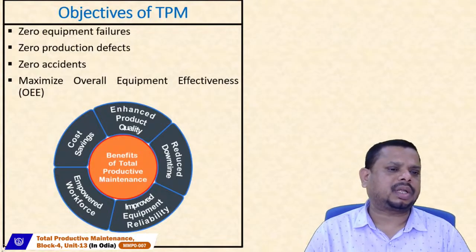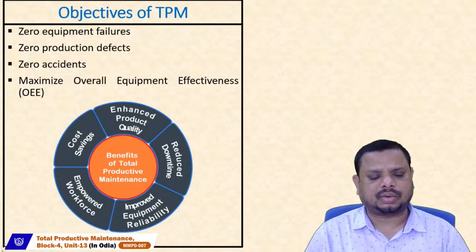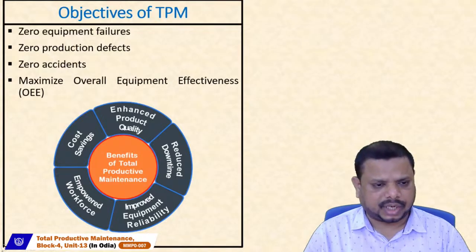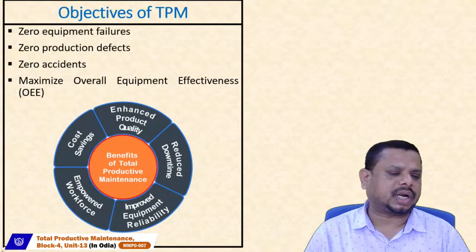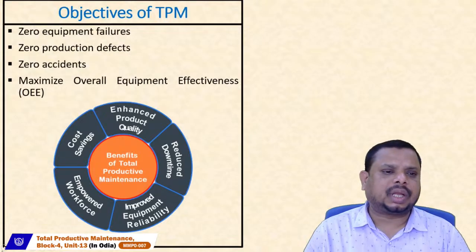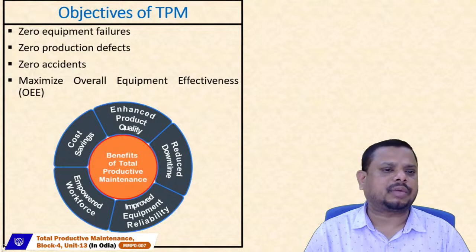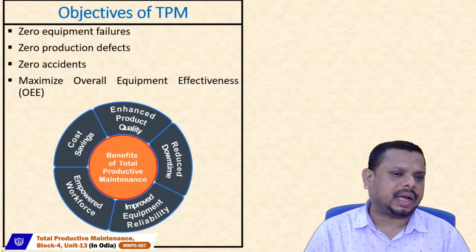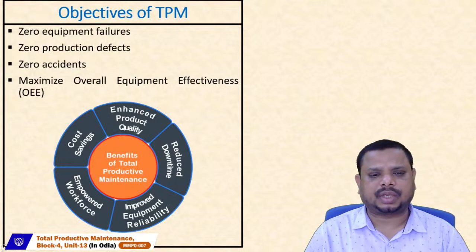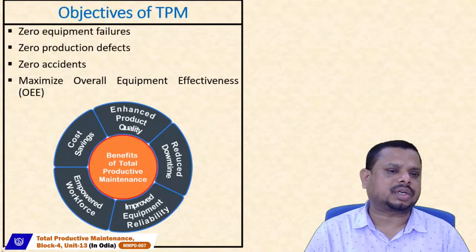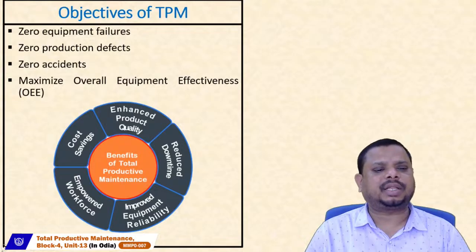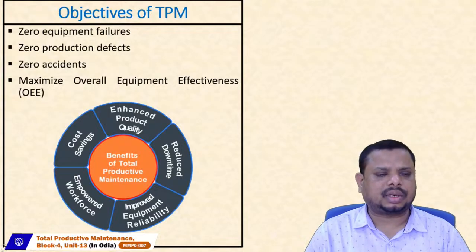The next important part is you are introducing various maintenance-related strategies so that production goes higher, fewer defects are observed, less equipment failure is observed, and a higher level of safety is ensured in total productive maintenance.